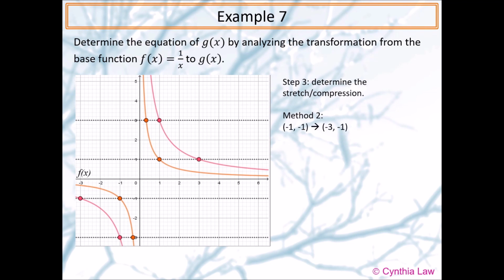If I start from the point -1, -1, this time I end up at -3, -1. If I look at the point 1, 1, this time I end up at 3, 1. So when we look at it closely, we will realize that this is a horizontal stretch by a factor of 3.